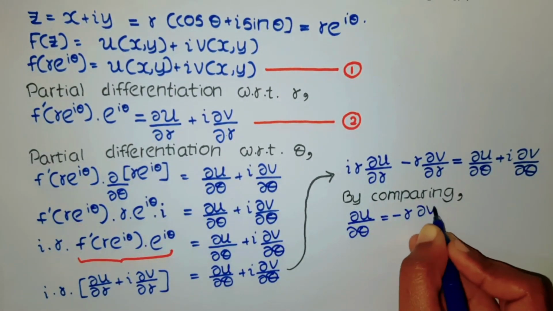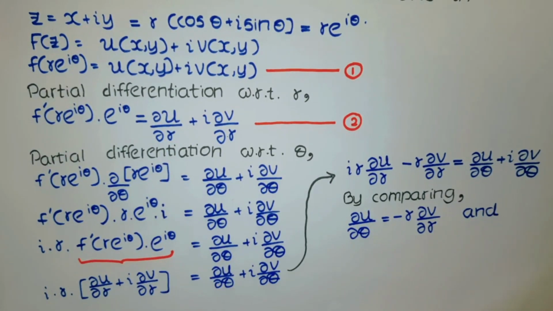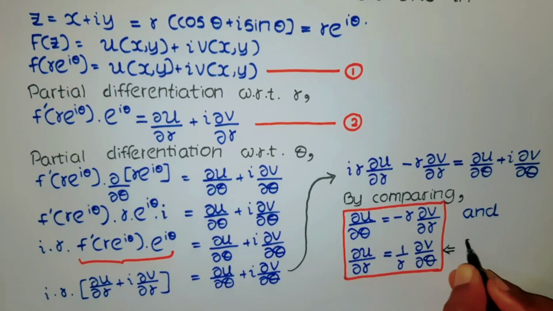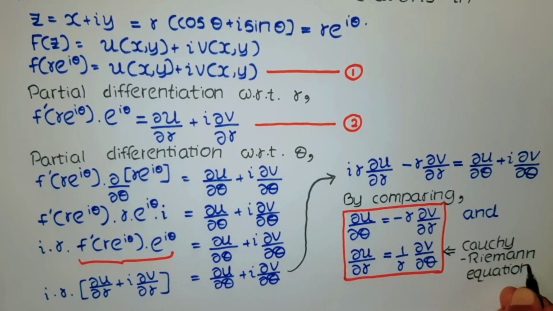By equating real parts, we get ∂v/∂θ equals minus r times ∂u/∂r, and by equating imaginary parts, we get ∂v/∂r equals 1/r times ∂u/∂θ. These are the Cauchy-Riemann equations in polar form.